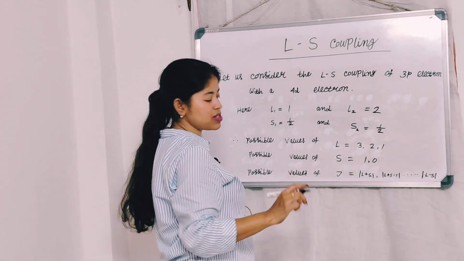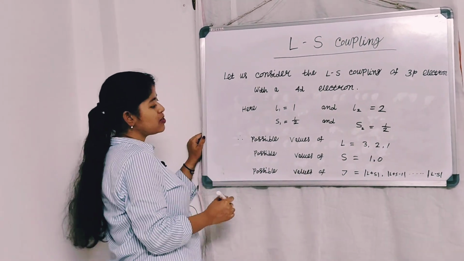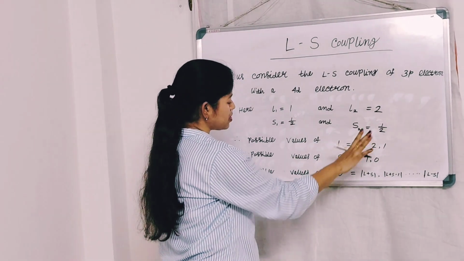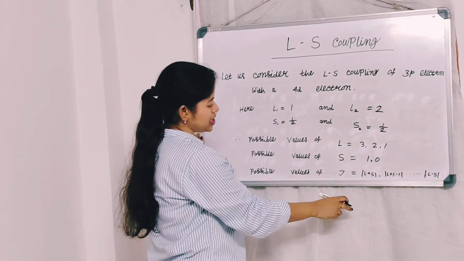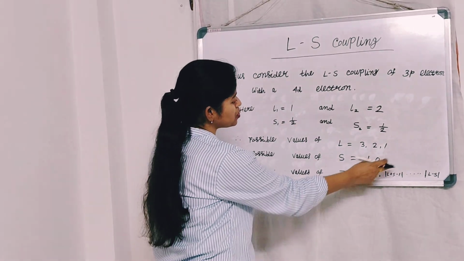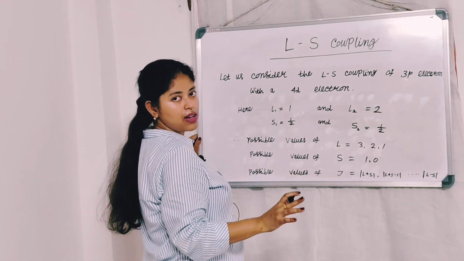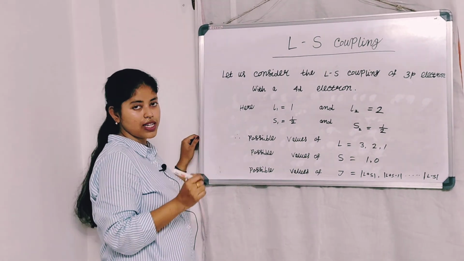So there are three possible values of L: 3, 2, and 1. The possible values of S are 1 and 0, because 1/2 + 1/2 is 1, and 1/2 − 1/2 is 0. And the possible values of J are L + S up to L − S. So here S has two values, 1 and 0, but L has three different values, 3, 2, 1.